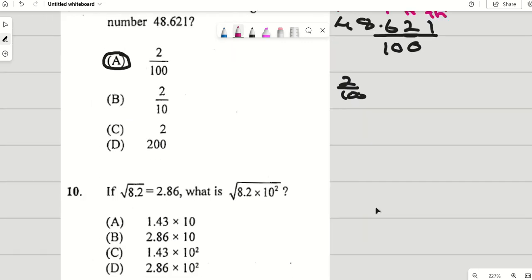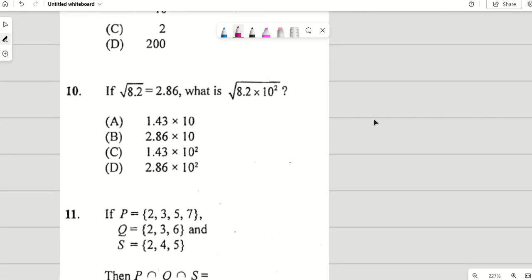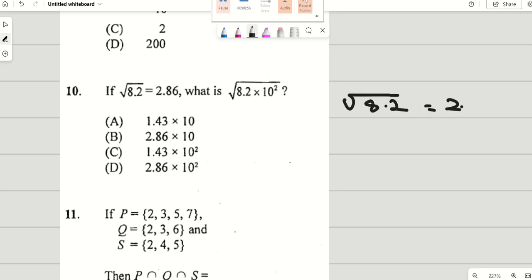Number 10. If the square root of 8.2 equals 2.86, then they want to know what is the square root of 8.2 multiplied by 10 to the power of 2. And I told you guys, when you have this, you could split it apart.